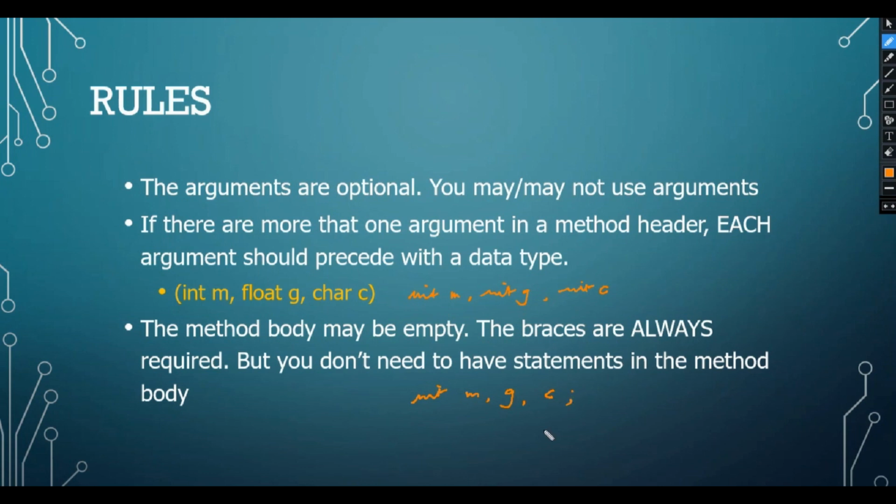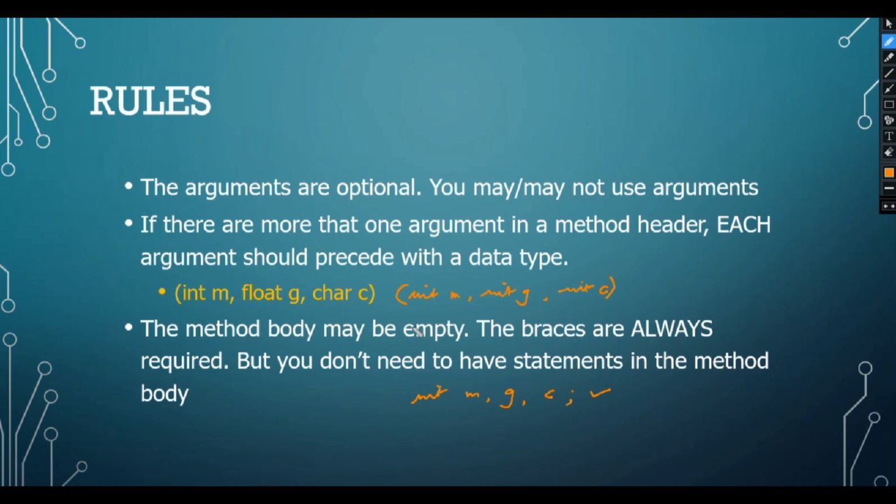I cannot write it this way. Please remember, this is how you will write arguments, and inside the method you don't need to write int m, int g, int c. You will write int only once and then give the list of the variables. But as arguments you will write them as int m, int g, int c. I hope that is clear to you.